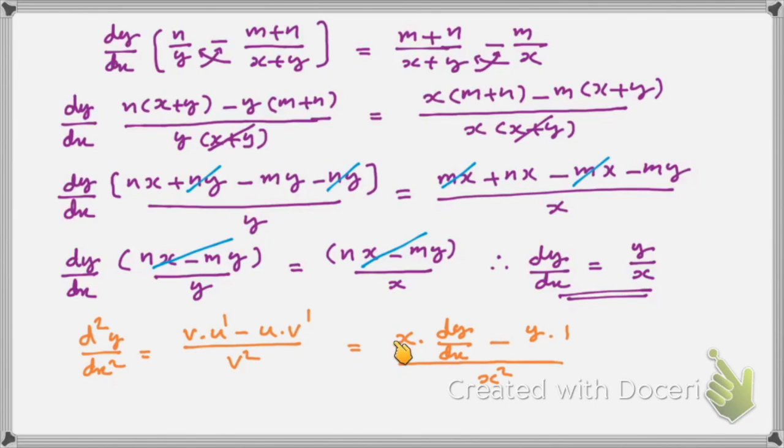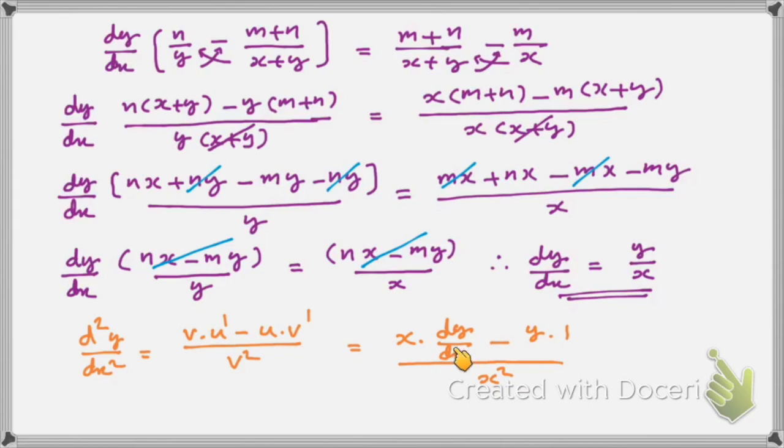That's x into the derivative of the numerator dy by dx, minus y into the derivative of the denominator, 1. Look at that, u into v dash. Sorry, it's v, the denominator, into u dash, the derivative of the numerator, the derivative of y is dy by dx, minus u, which is y, into v dash. v dash, the derivative of x, is 1, by v squared.